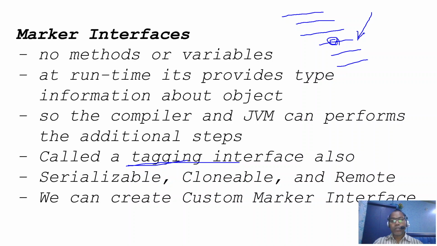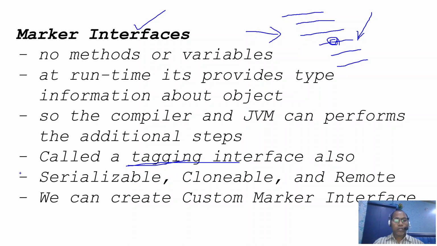So marker interfaces are a simple way to inform the runtime of some additional information, so the compiler does some different treatment. A marker interface is an interface that does not have any method or variable. It provides runtime information about the object, and it is also known as a tagging interface.